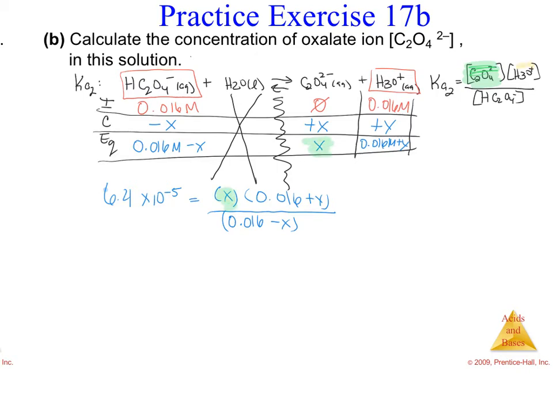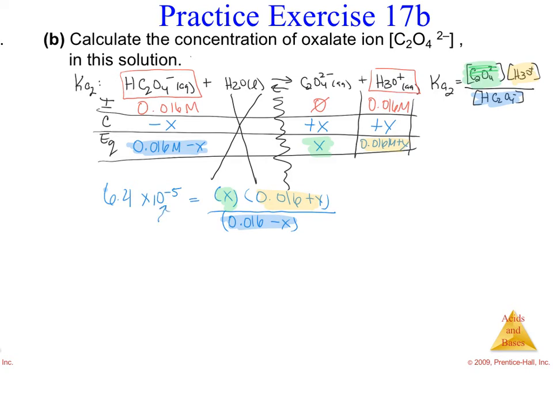I can see that my X is my oxalate, my 0.016 plus X is my hydronium, and the 0.016 minus X is my HC2O4 minus. So that's how I set up that expression.